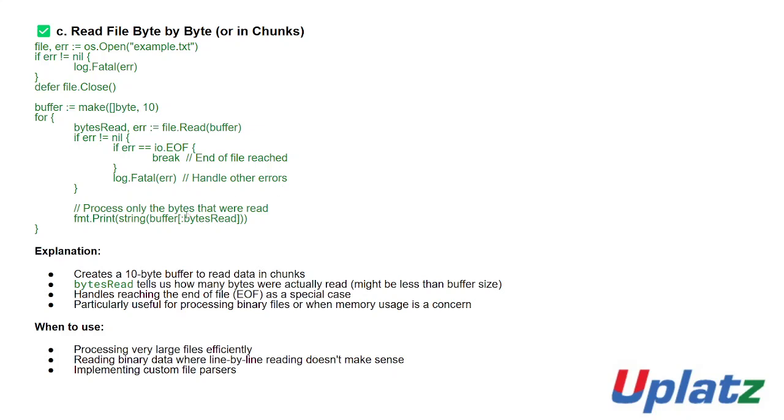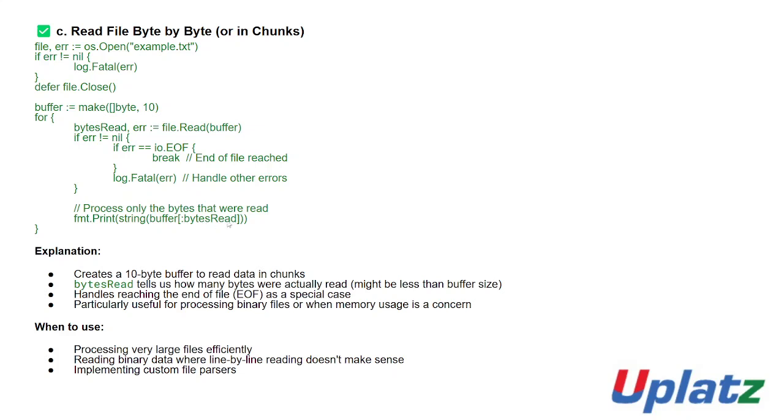Now process only the bytes that were read. So fmt.Print(string(buffer[:bytesRead])). It returns the number of bytes read. Suppose at the end of the file 5 bytes were read, so it returns 5.